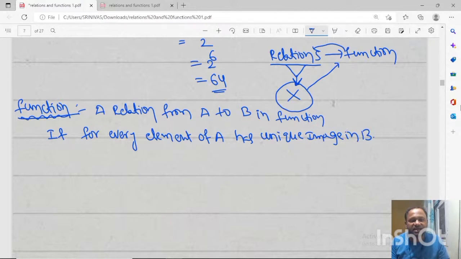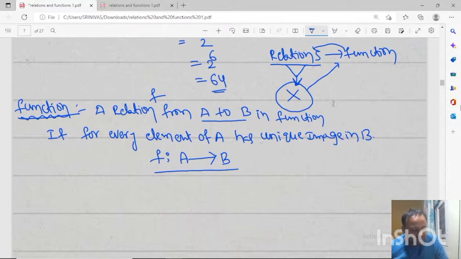Then we can say that the relation, which I can take as F, is a function from A to B. How can we denote this? F from A to B, symbolic notation.